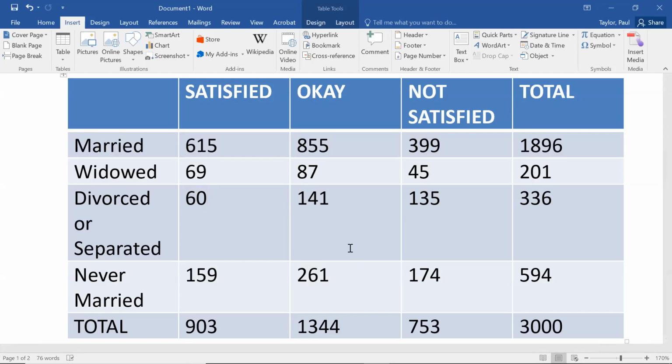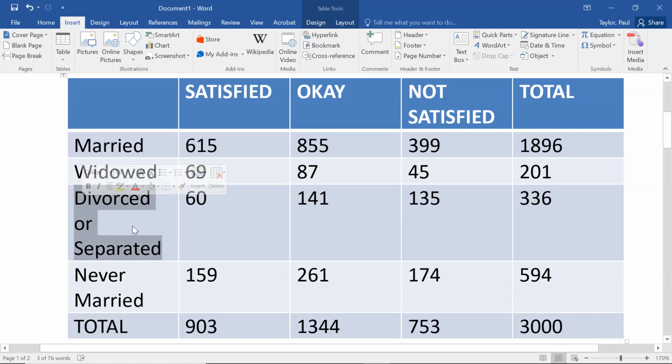And if there's small numbers, it runs, but I don't understand the stats theory well enough to say why, it's not as reliable in how it tests the association. So my solution was to take the separated and divorced people and put them together in the same category for marital status, because I figured separated and divorced were somewhat similar in terms of how they might feel about their financial situation.